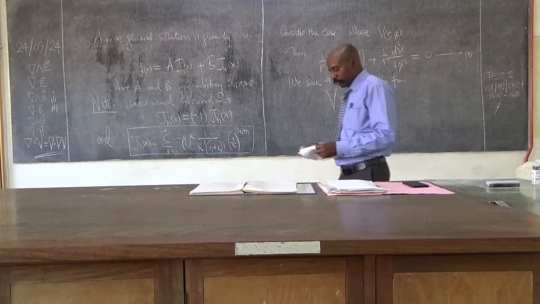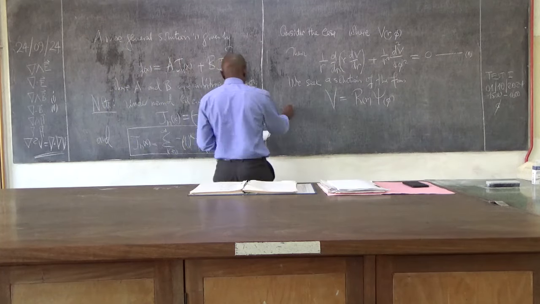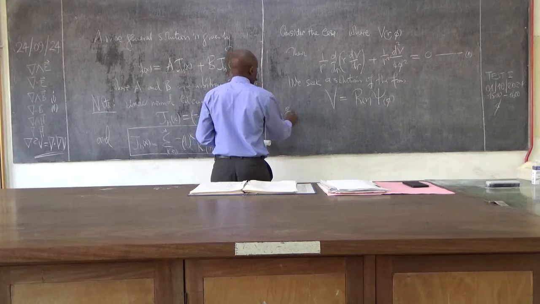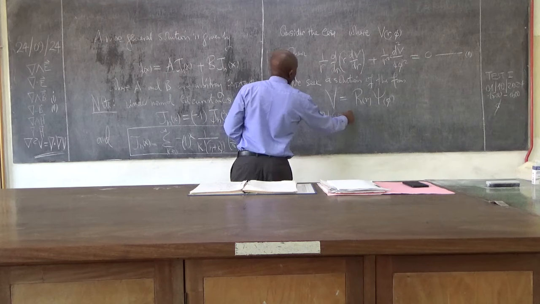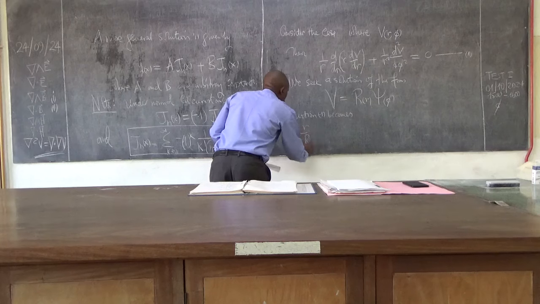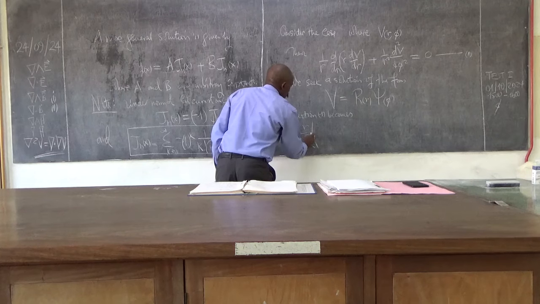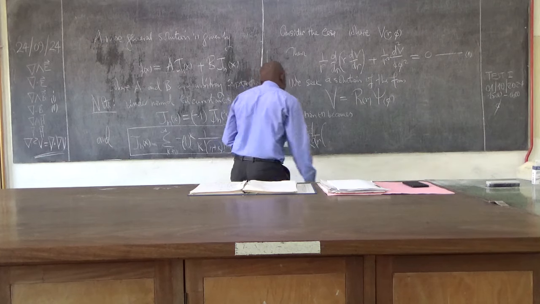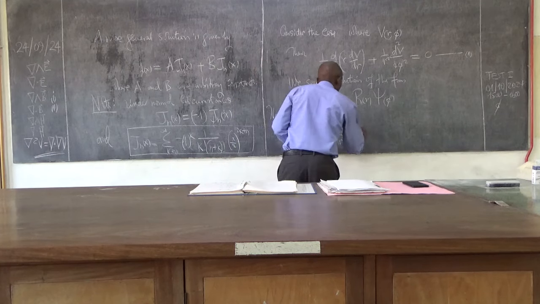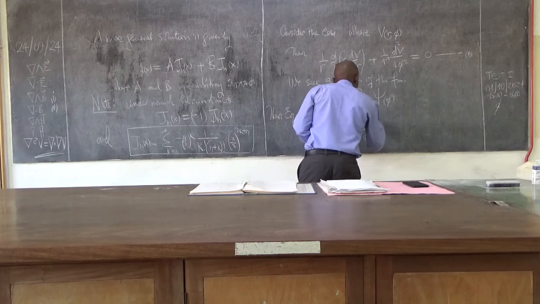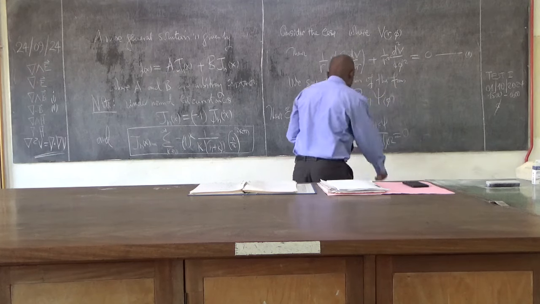If that is the case, substituting for V in equation 1 and then separating the variables, equation 1 becomes R over R d/dr of (r dR/dr), plus 1 over psi d squared psi over d phi squared, equal to 0.